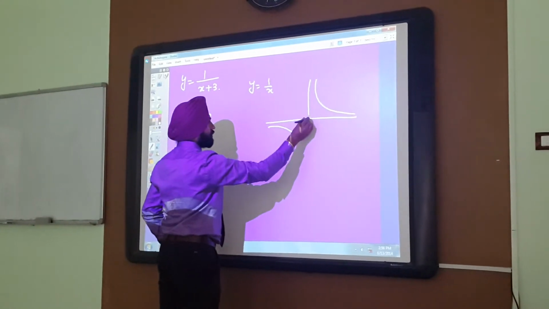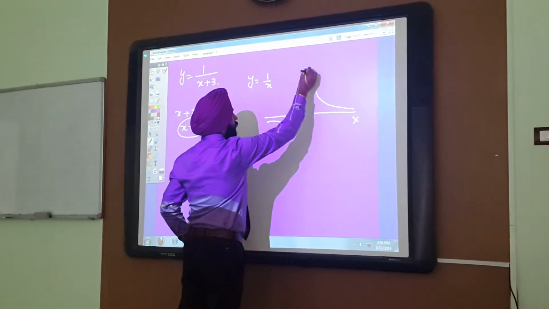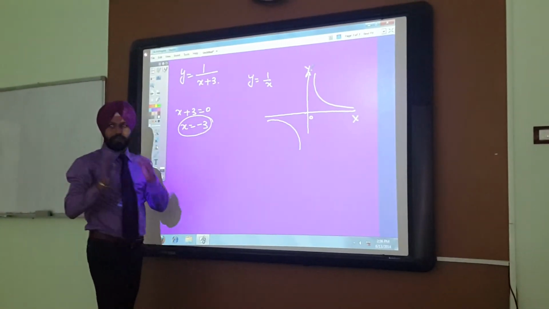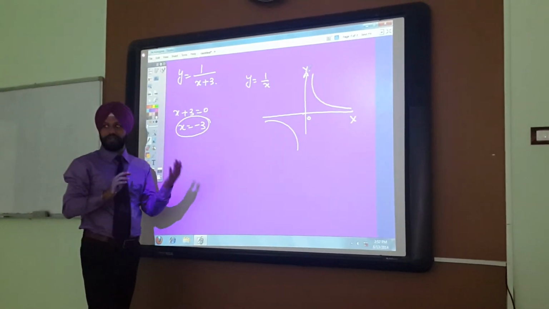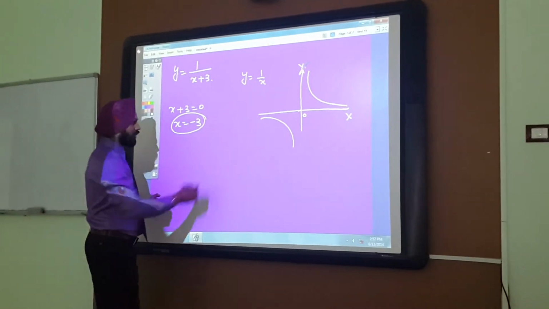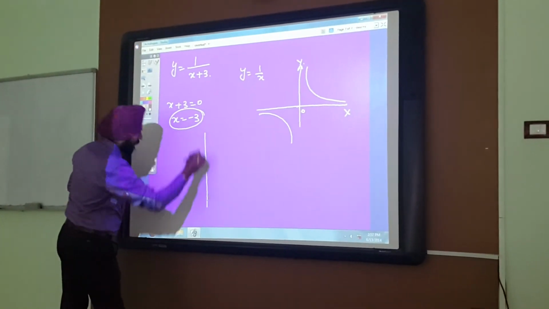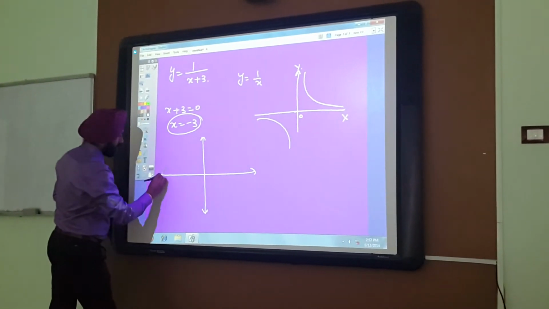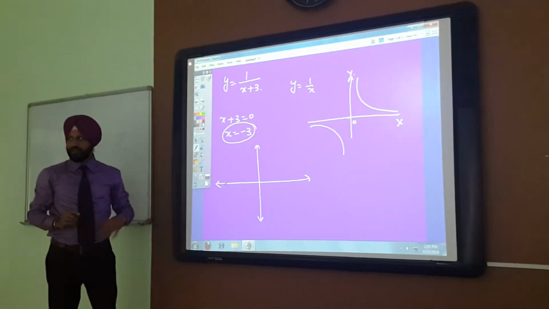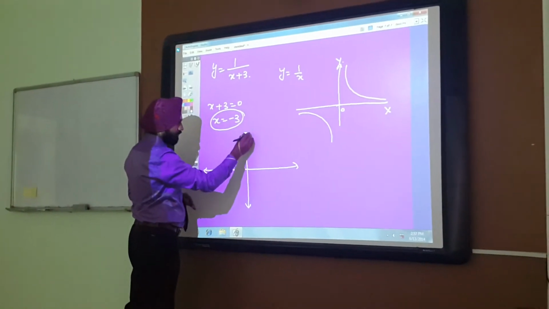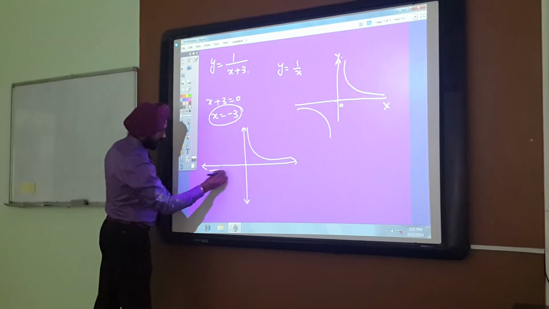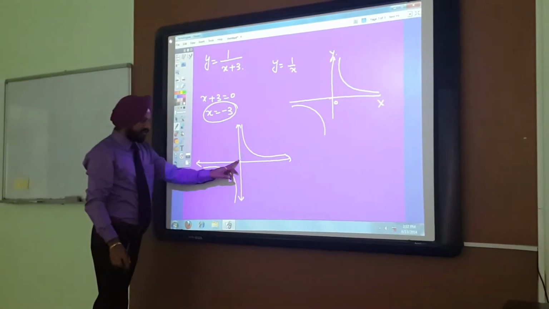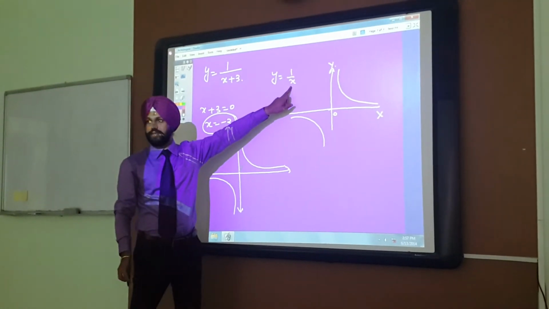This and this. 0, x and y. Now for x equals minus 3, the best way is how to fit the curve in the standard x-axis and y-axis. You should plot your x-axis and y-axis, then plot the curve. Now you know this is not 0. Because this is 0 only in this case.